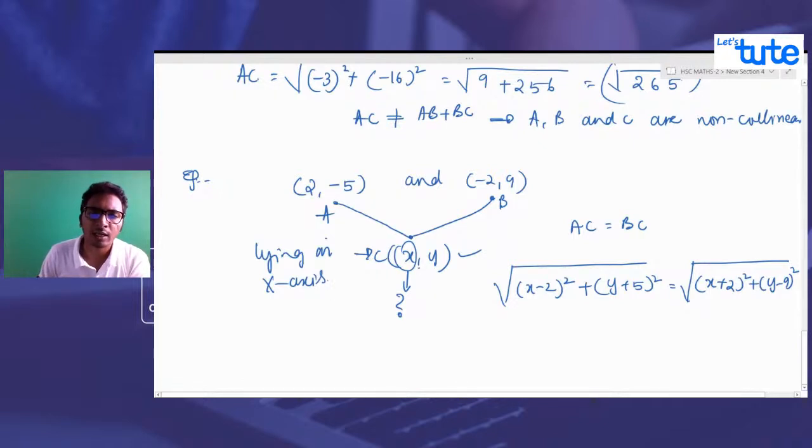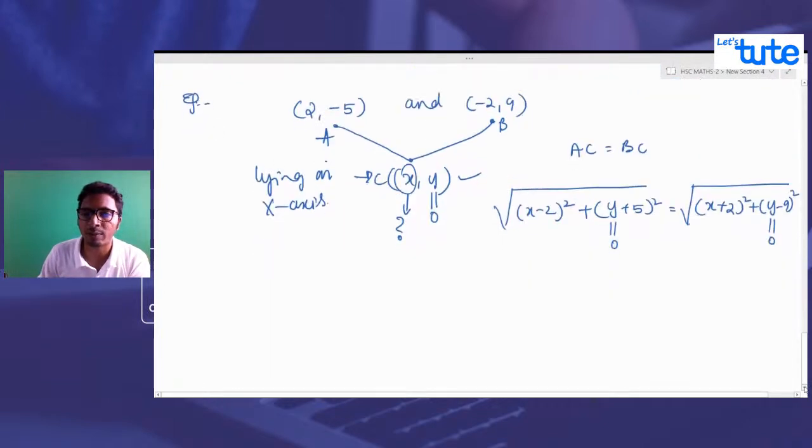That's what they're saying. But is it useful? Of course it is useful, because any point on x-axis will always have the value of y as 0. So that means we can put 0 in place of y everywhere, because this point C is on the x-axis. So when we apply 0, now we can see what we are getting.